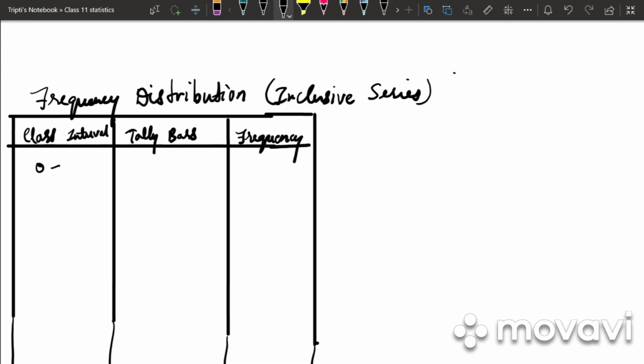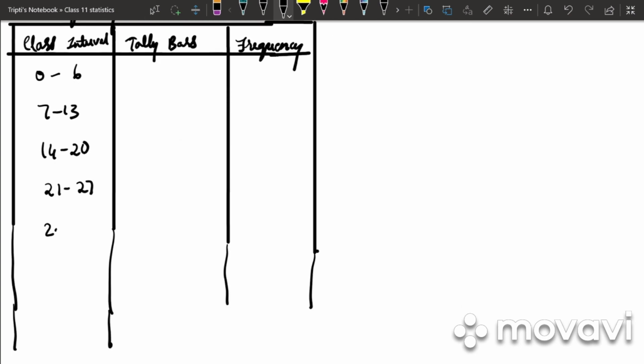So write down 0 to 6, 7 to 13, 14 to 20, 21 to 27, 28 to 34, 35 to 41. In this sum, we are not taking the range method like we did in yesterday's problem, because in the problem they have already mentioned the number of class intervals will be 6. If they had not mentioned it, we would be doing it according to the range method.